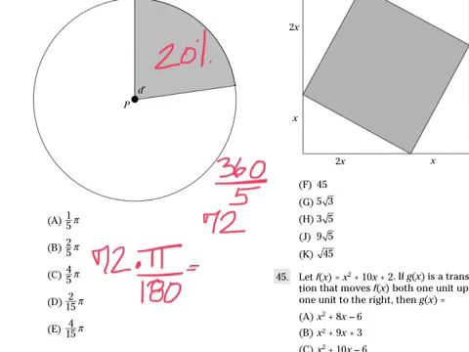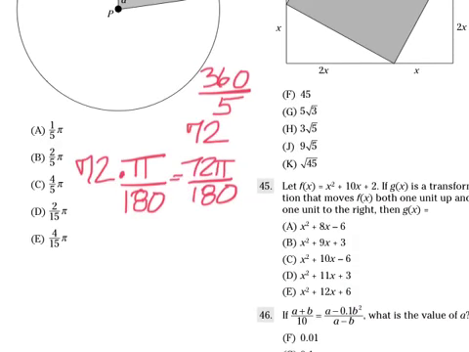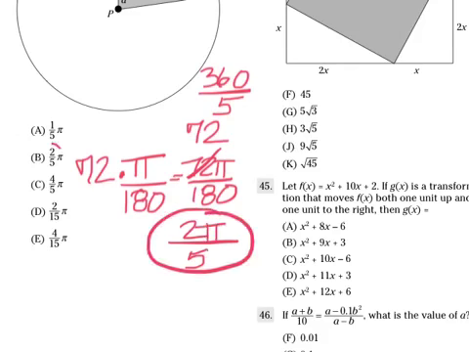And when I do that, I get 72 pi over 180. Now, of course, you're going to have to reduce that. 36 will go into 72 twice, and 36 goes into 180 5 times. So 2 pi over 5, answer should be B.